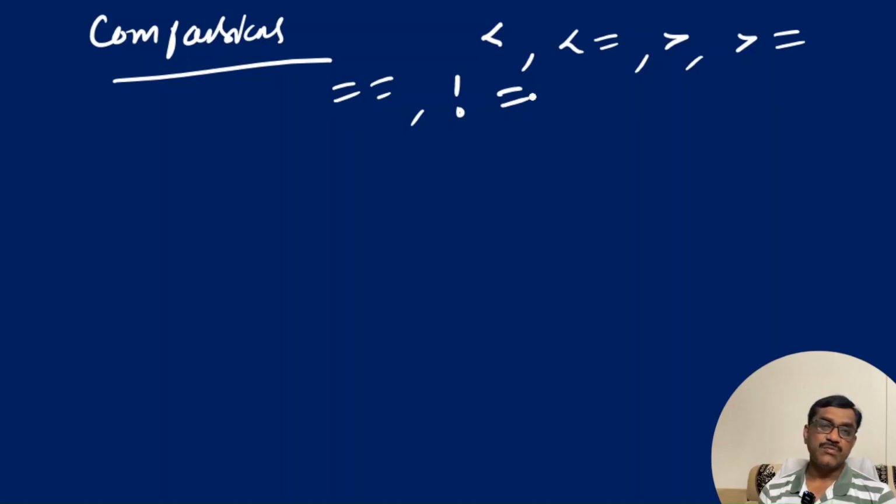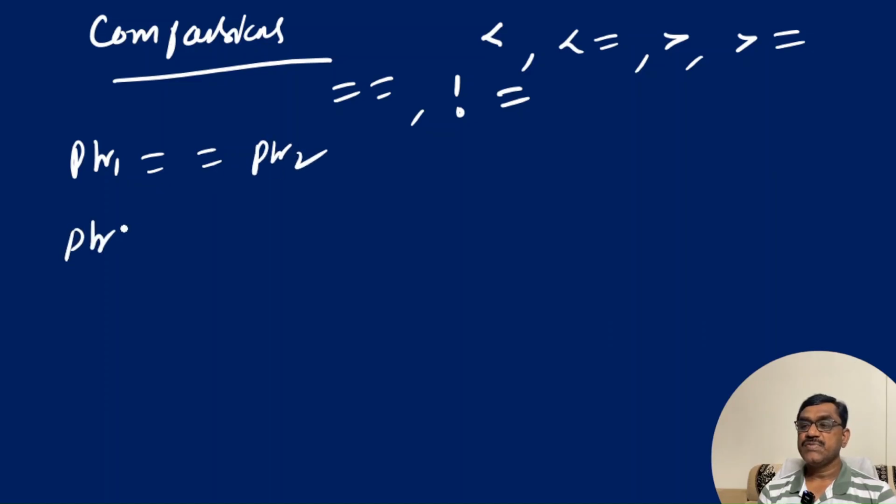All these comparison operators can be performed on pointers. For example, you compare whether PTR1 equals PTR2, or whether PTR equals some value, assume null.